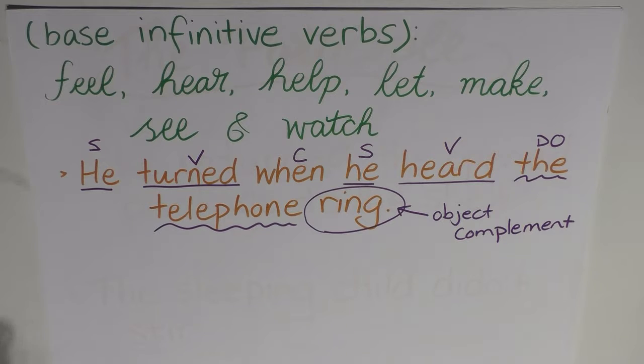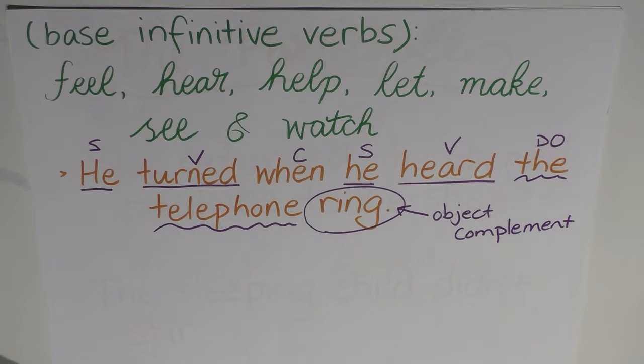So similarly, the telephone ring, when he heard the telephone, when he heard the ringing of the telephone, and when he heard it ring. So the telephone and ringing is effectively the same thing. It's just giving two different ways of expressing the object, and in this situation therefore ring is the object complement. And the object complement has to have the same class or word form as its object. So therefore the telephone is a noun.